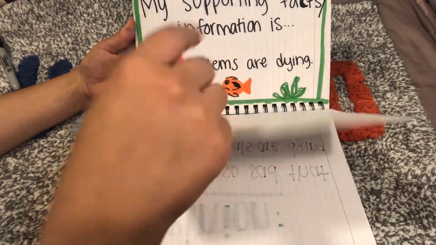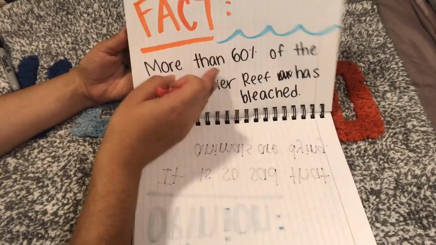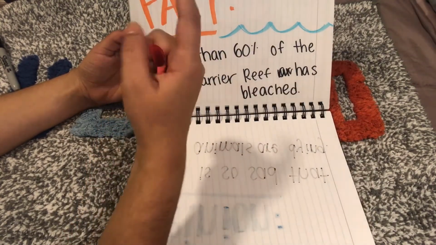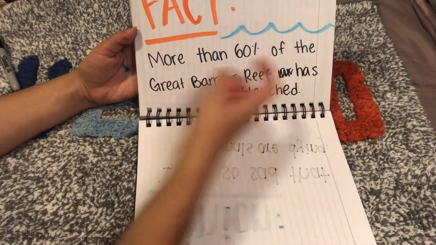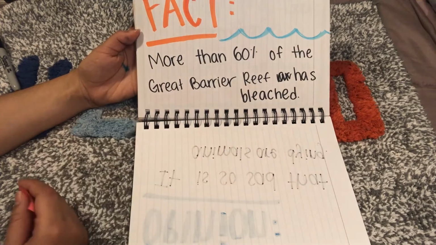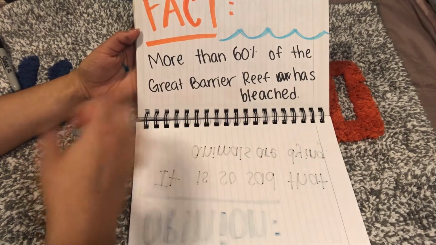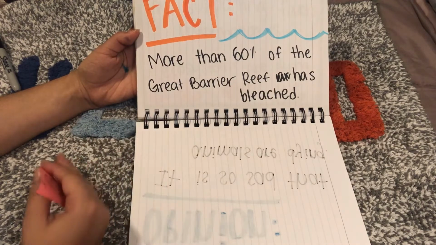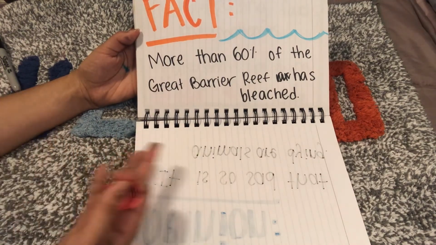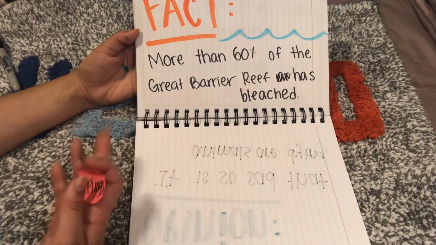So since Greta Thunberg was talking about ecosystems dying, my sentence is going to be more specific. My fact is saying that more than 60% of the Great Barrier Reefs has bleached. Bleach just means that the water is getting too warm in the ocean, and the color is being taken out of the coral reefs. They're turning white. They're beautiful in rainbow colors, but they're all turning white, and that means that they're soon going to die.